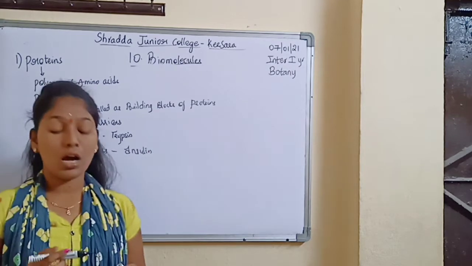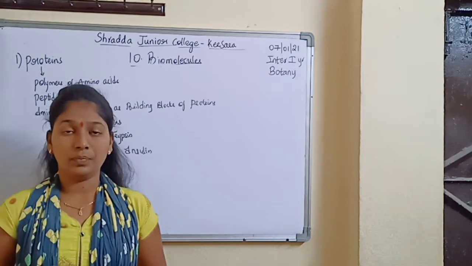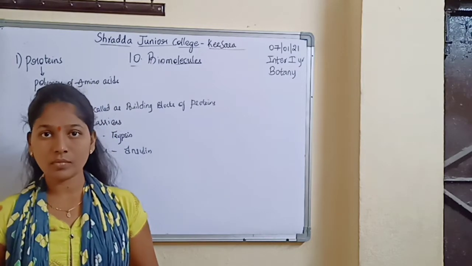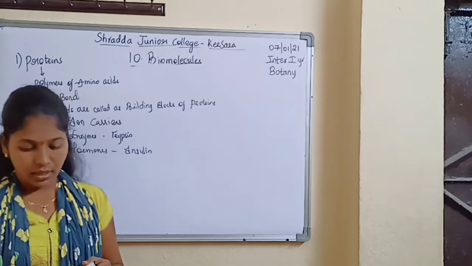Insulin is a hormone whose deficiency causes a disease called diabetes, sugar, in human beings.